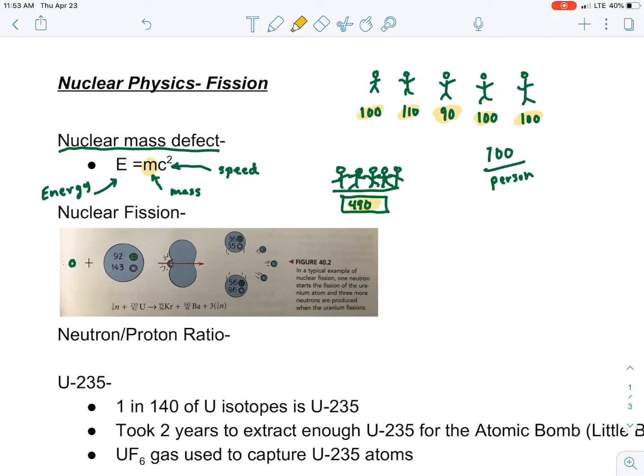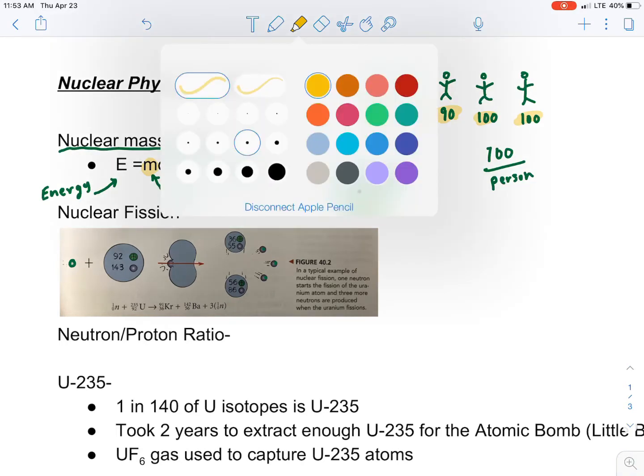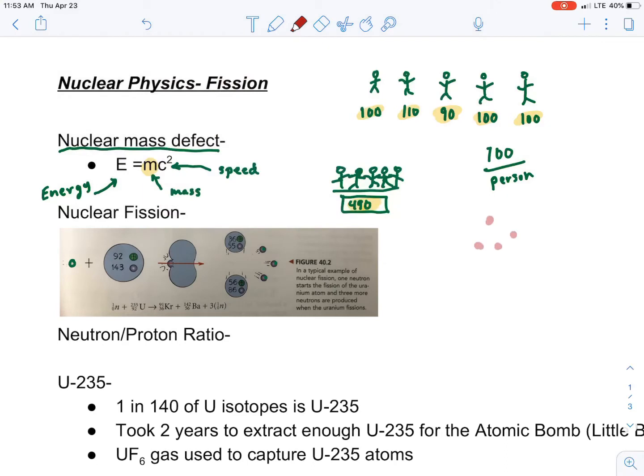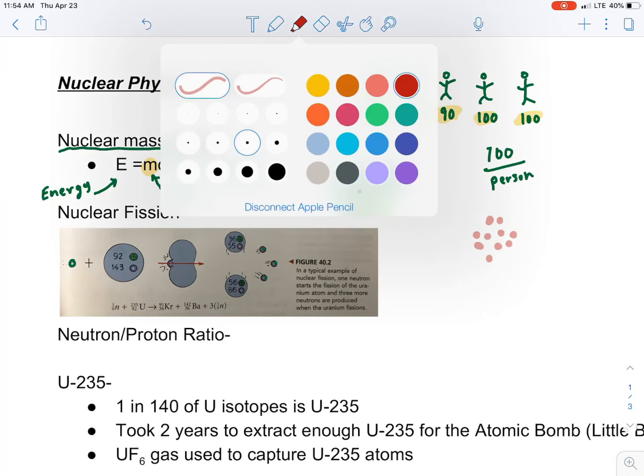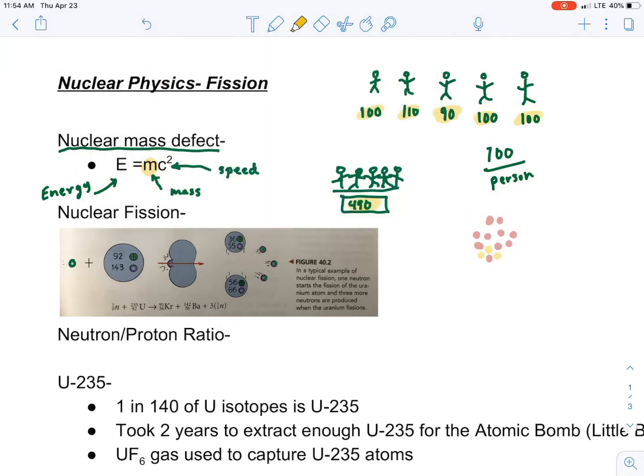The nuclear mass defect is talking about when a nucleus is together. This is when a nucleus of an atom is together, and we're talking about the neutrons and the protons, right? They are all jammed together. They weigh less than they're supposed to weigh. They have a smaller mass than they have when they're individual pieces, right?